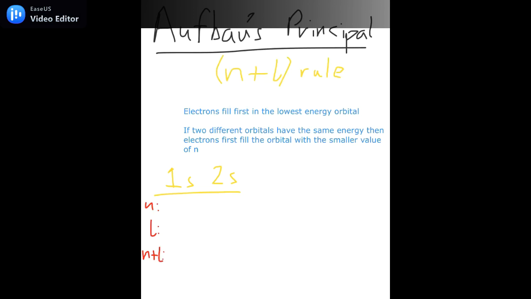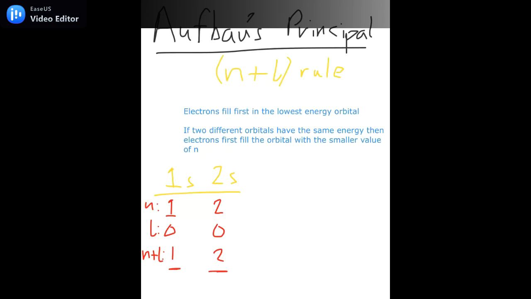Now for 1s, the value of n is 1, and the value of l for the s orbital is 0. Similarly, for 2s, the value of n is 2, and for s, the value is 0. So 1 plus 0 is 1, and 2 plus 0 is 2. So the lower energy is of the 1s orbital, which will be filled first, and then the 2s orbital.